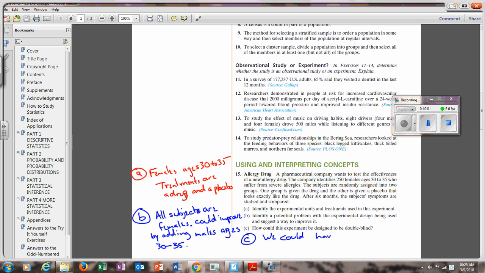We could have researchers give the pills without knowing which one is real until the end.